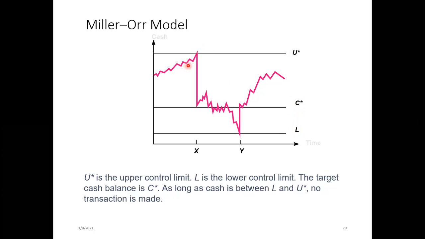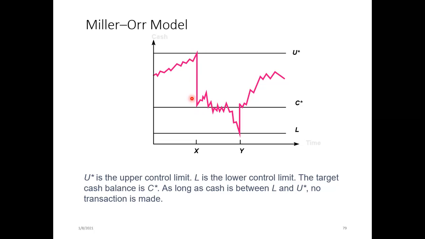Once the cash balance reaches this point, 100,000, the management converts cash into marketable securities. At this point we have 100,000, and our optimum balance is 30,000. So how much is the difference? 100,000 minus 30,000 is 70,000.